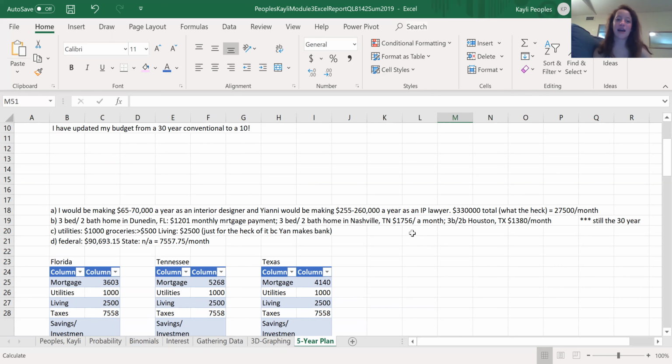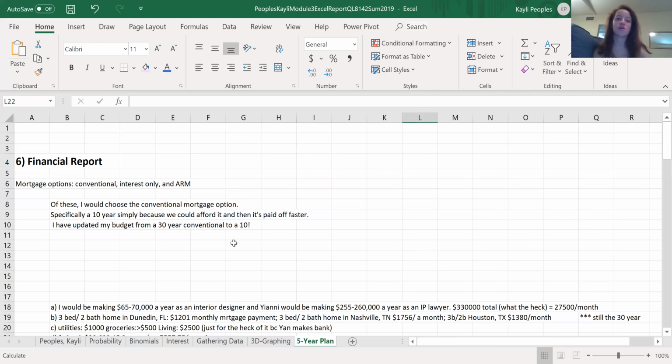So instead I changed all of my charts and graphs for each place I wanted to live to match my new budget, because I chose to use a conventional mortgage, and just because we could afford it based on what hypothetically we'll be making, I can afford a 10-year, and then it's paid off faster and we're done with it.